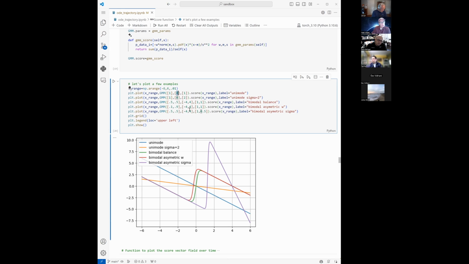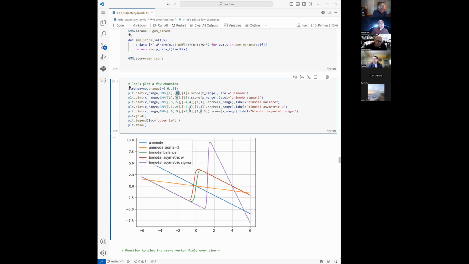So the blue one is just a single norm. It's just got a slope. The second one, the orange one, is a slope with a higher variance. So it's a flatter slope, linear relationship. And then you can see the effect of adding more than one Gaussian into the Gaussian mixture. It gets a point where it shifts them.